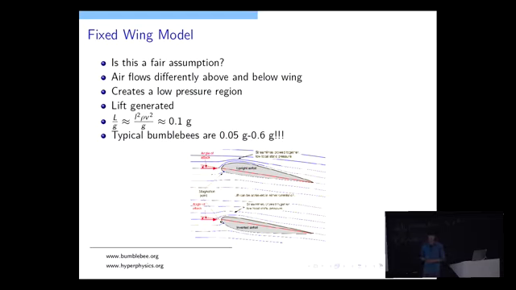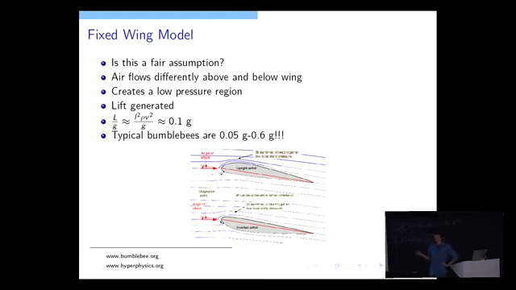Some people will tell you that this is wrong, and Bernoulli's principle isn't applicable in this case because the density isn't constant. But the density doesn't change very much, so it's a pretty fair assumption. There's a lower pressure above the wing, and below the wing there's a higher pressure. So this causes a lift to be created.